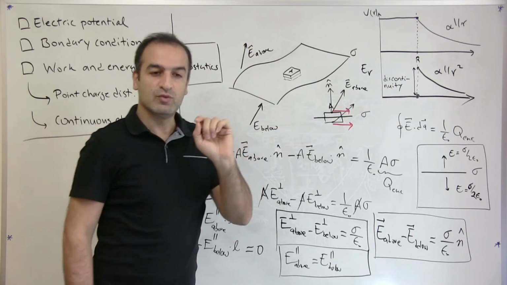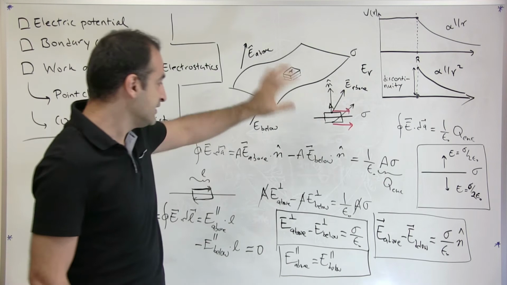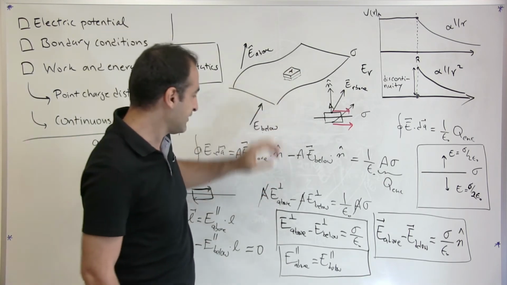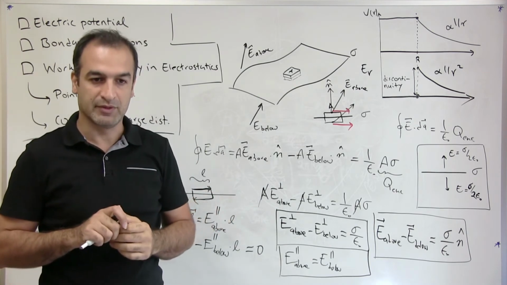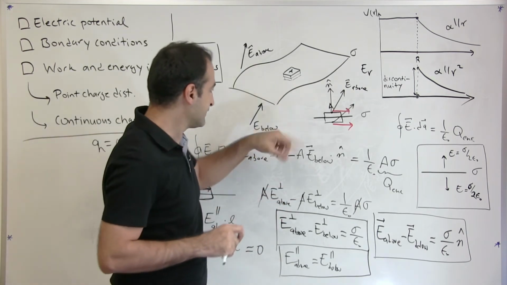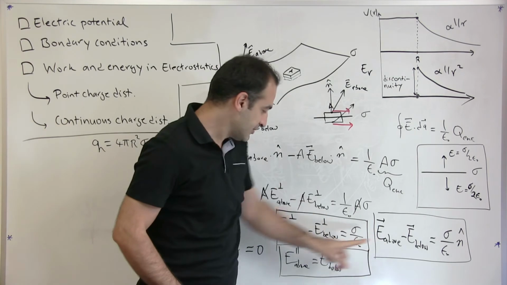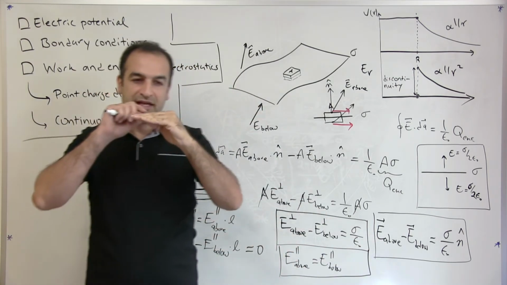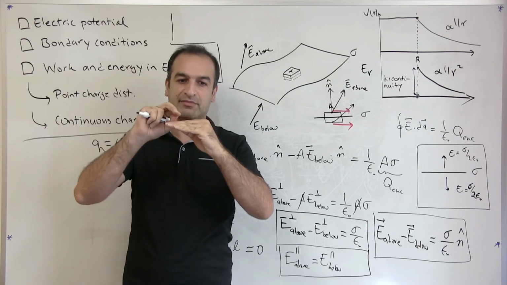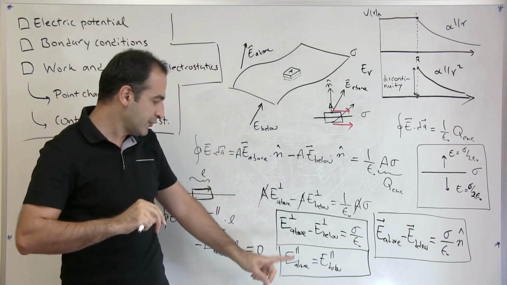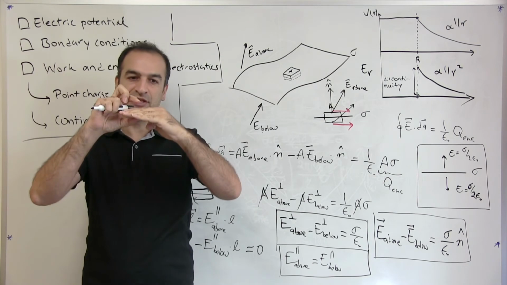But the whole discussion here is for the case where you are very close to the surface. E above is the electric field right above the surface. Imagine you're super, super close, but right above the surface. The same goes for E below. Imagine you're just below the surface.